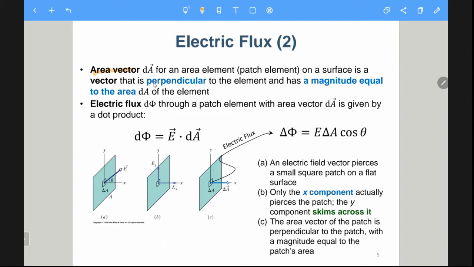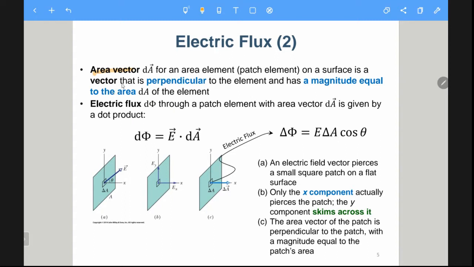Suppose the area vector dA for an area element on a surface is a vector that is perpendicular. Because when we define a vector, we should define both the magnitude and the direction.